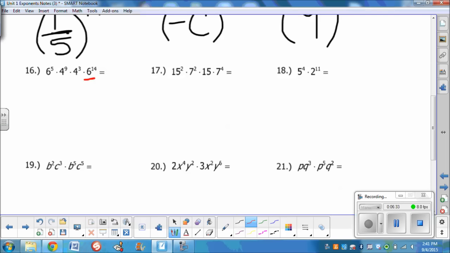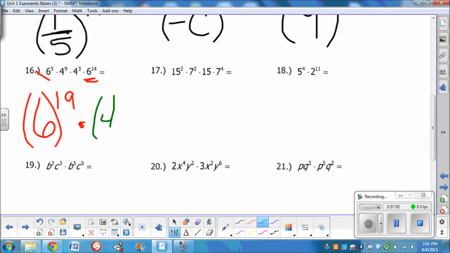We have 6 to the 5th and 6 to the 14th. So 6, 5 of them, and 14 more gives me 19 of them. Put that in parentheses. So 6 to the 19th times, now focus in on the 4's. We have 4 to the 9th and 4 to the 3rd. That gives me 4, 9 plus 3, 12.